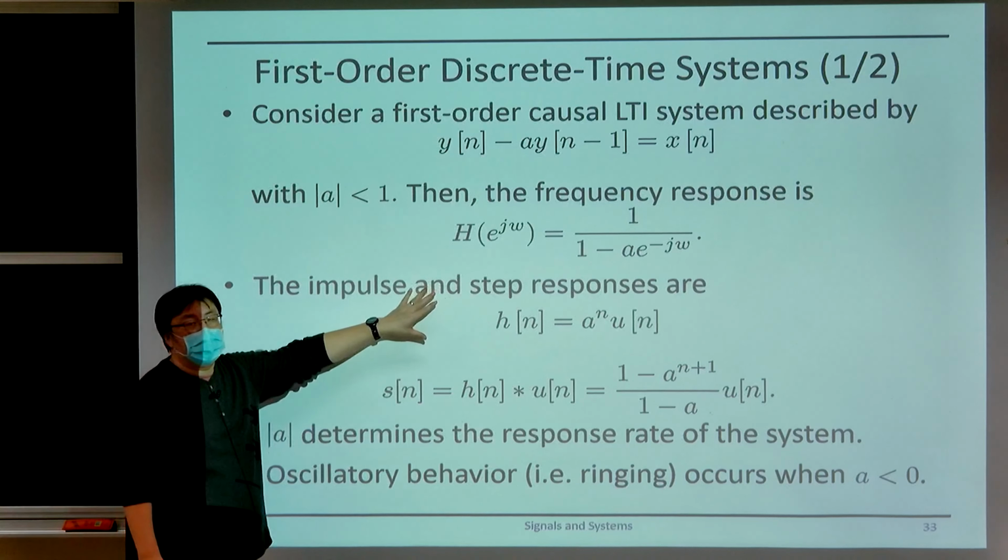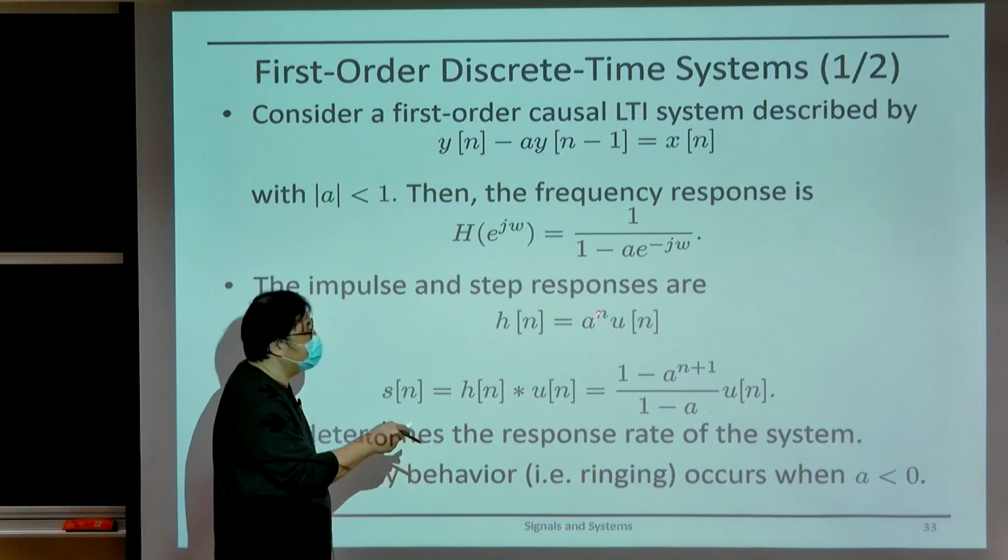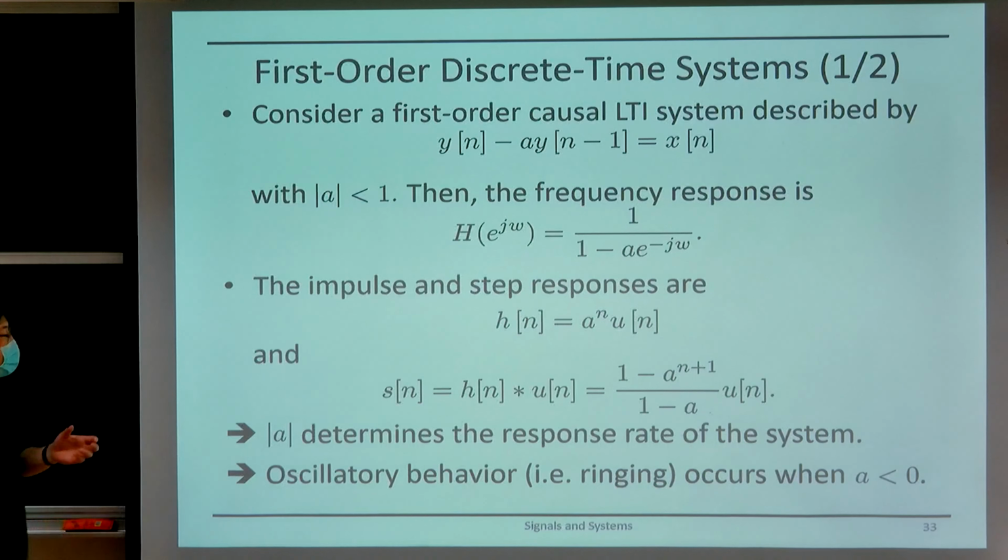Okay, because if this is less than 0, then you will oscillate between plus and minus values depending on whether this exponent is even or odd. Okay, so you observe this oscillatory behavior, or what we call ringing, when A is less than 0.